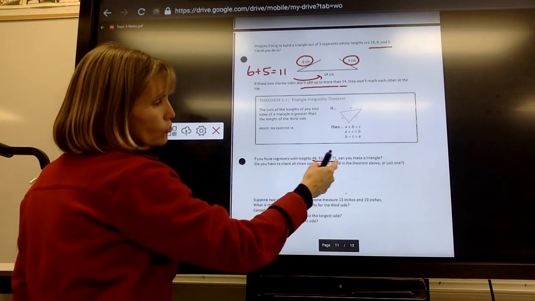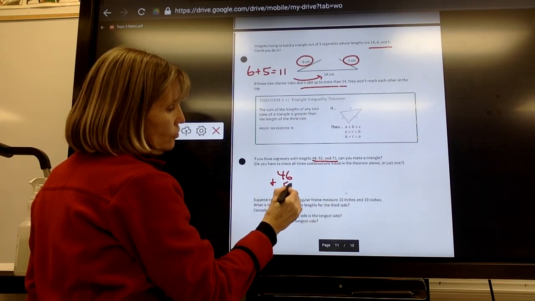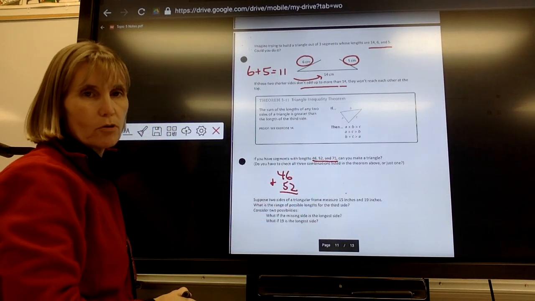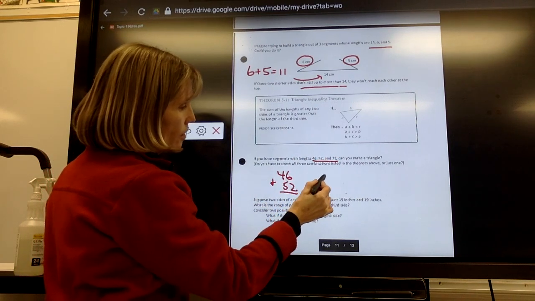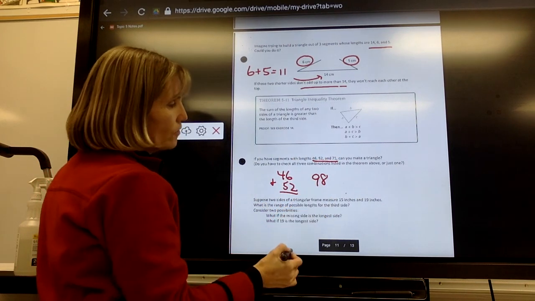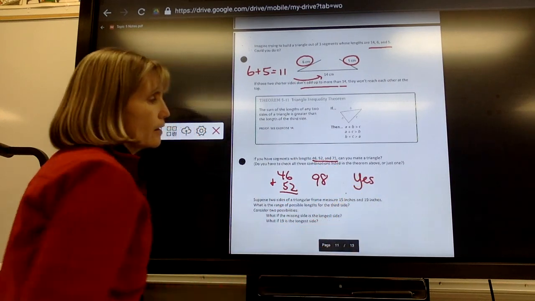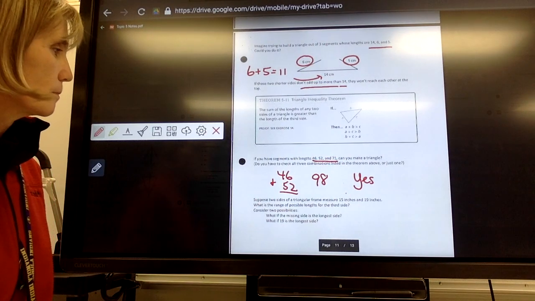You want to pick out the two shortest sides, so 46 plus 52. That sum has to be greater than 71 in order for us to be able to create a triangle. If I add those together, that would be a total of 98. 98 is greater than 71, so yes, I can create a triangle out of those three lengths.